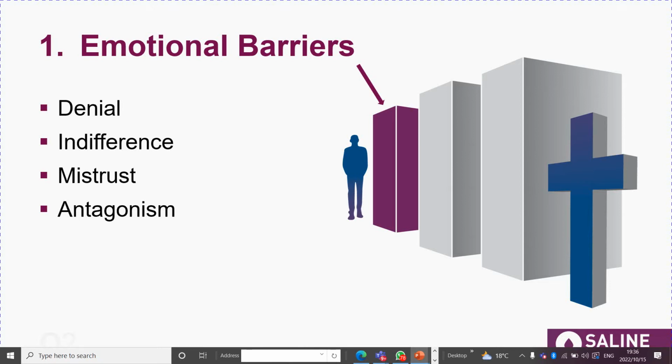So you work with this person to remove that emotional barrier. You make sure that denial is not there, indifference is not there, mistrust is not there, antagonism is not there. So you create something that is so trustworthy between you and this person.